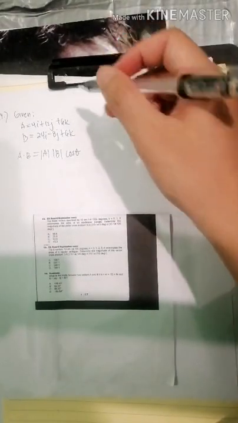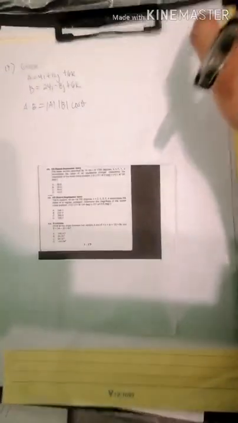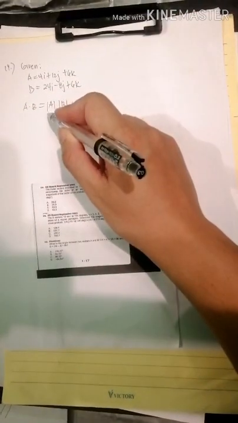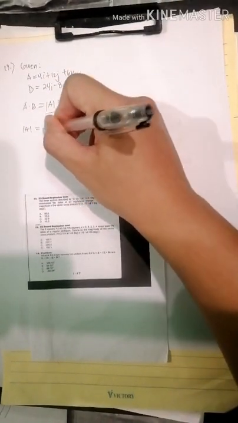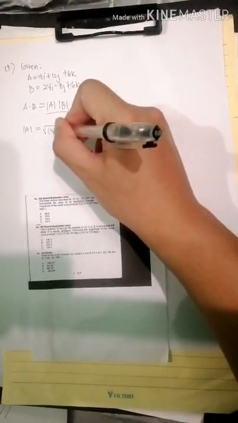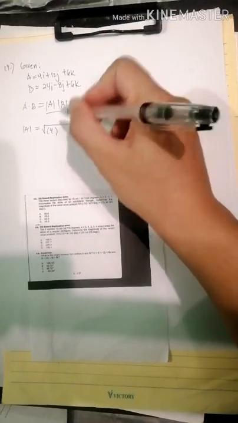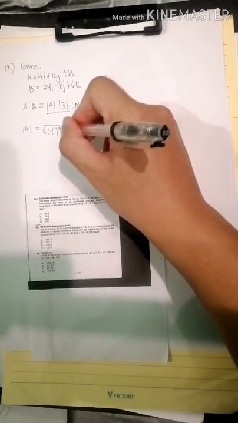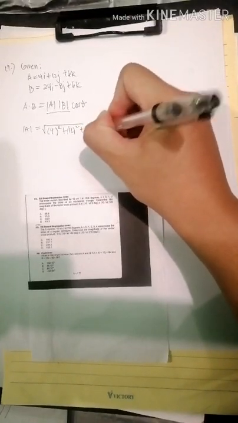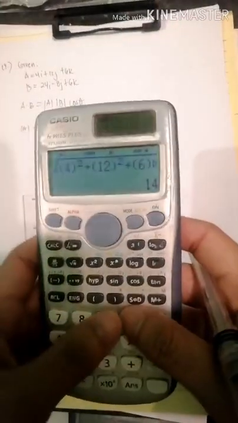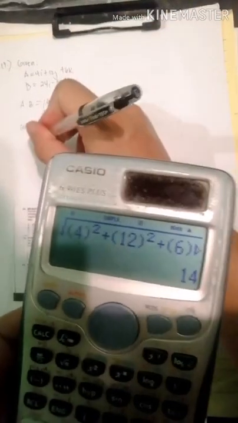So, we first solve the magnitude of A, which is the square root of 4 squared plus 12 squared plus 6 squared. The answer is 14.